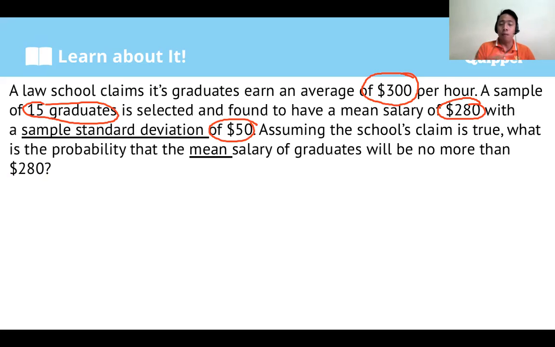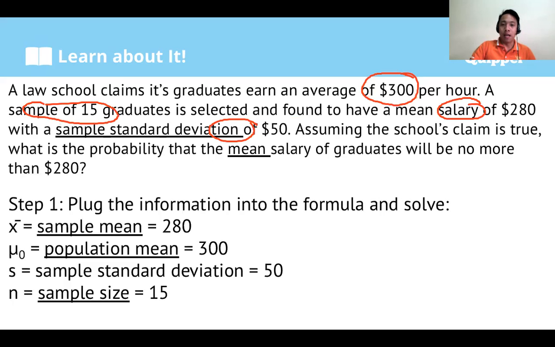Let us start with the sample mean. What is our sample mean? Is it $280 or 15 graduates? What is our sample? Okay, our sample mean is $280. Why not 15?